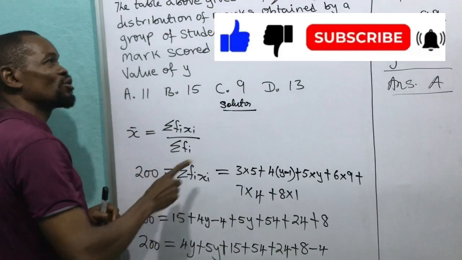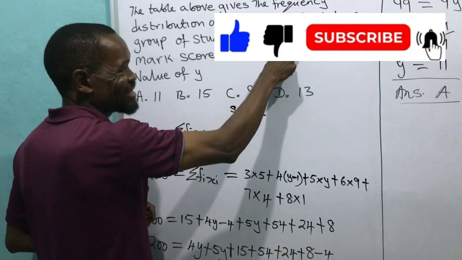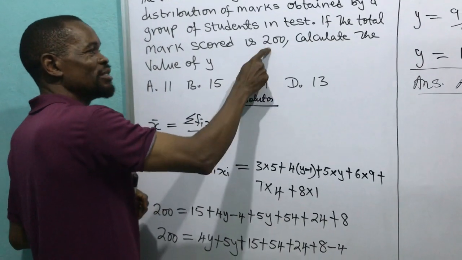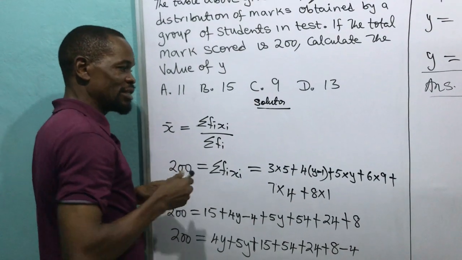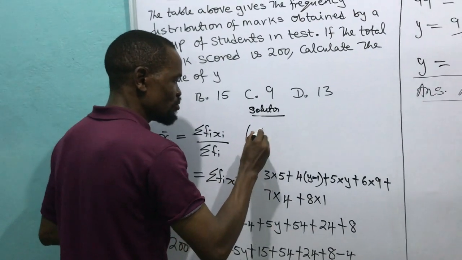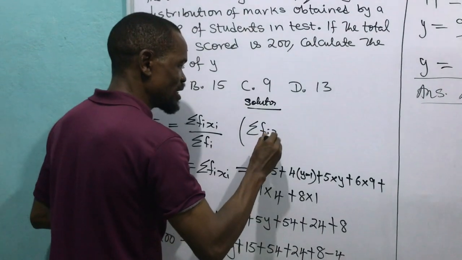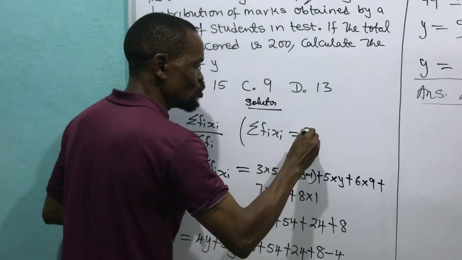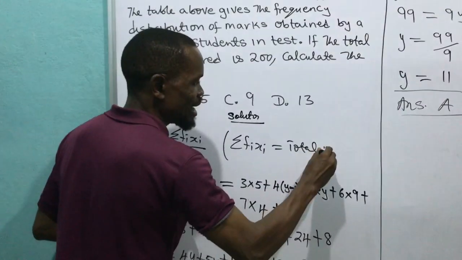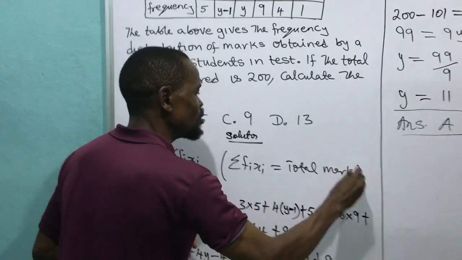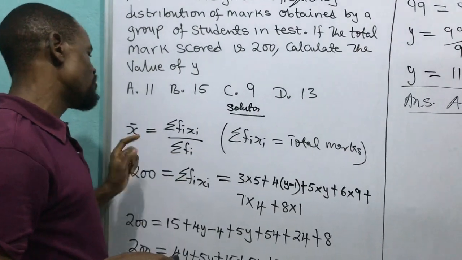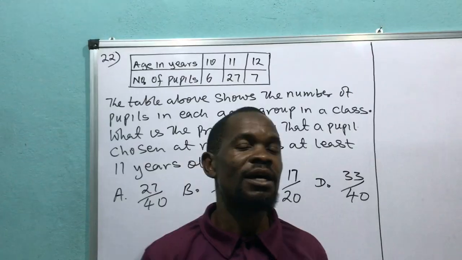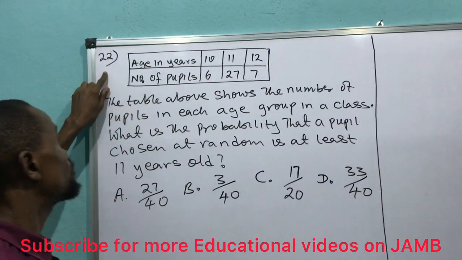But what they told us is that the total marks obtained by the students is 200. Look at the total mark, which is summation. That's what I mean by summation of fi xi, which is equal to the total mark. That's the total marks. So I think you get it. And total mark divided by the number of frequency gives me the mean. There. That's question number 22.